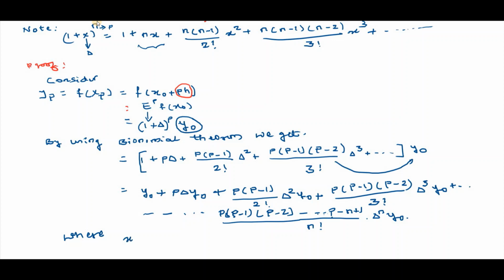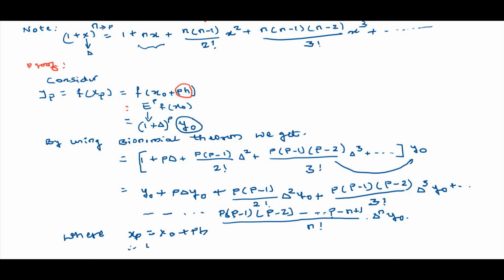p is equal to, we know that xp we can write it as x naught plus ph.